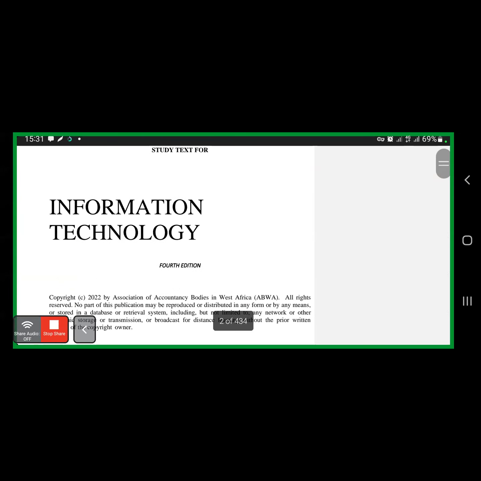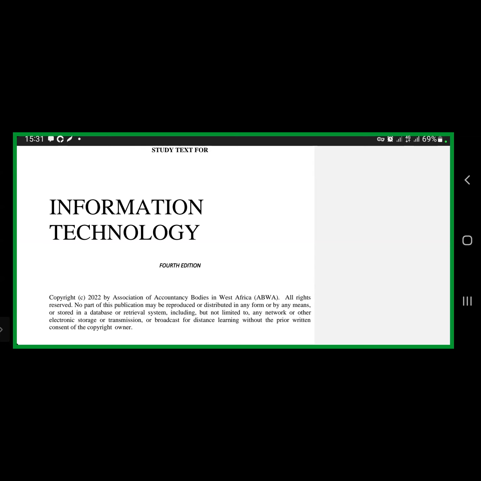So today is just a brief introduction to information technology and a preamble. We'll be going through the course outline and what you are expected to know. It is no news that you are in a technological world.